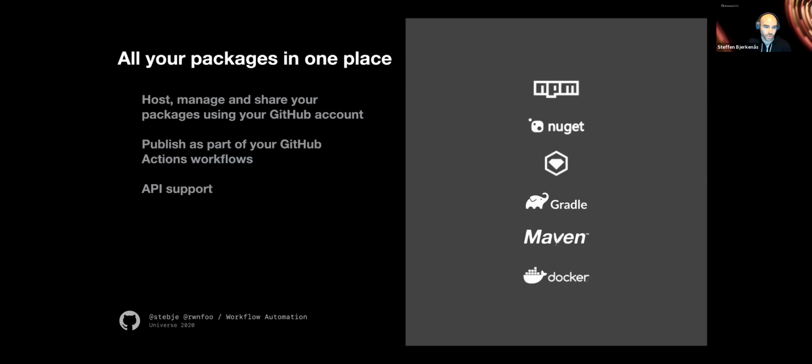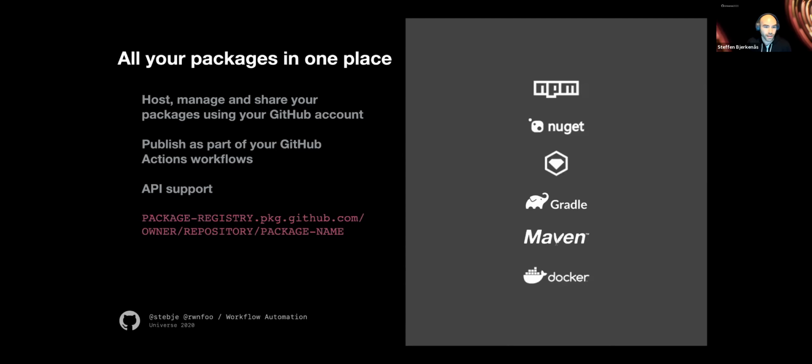You might be familiar with GitHub APIs, and we have two versions. We have version 3, which is our REST API, and we have version 4, which is our GraphQL API. And using our GraphQL API, you can both retrieve info about a package, and you can even delete specific package versions using that same endpoint.